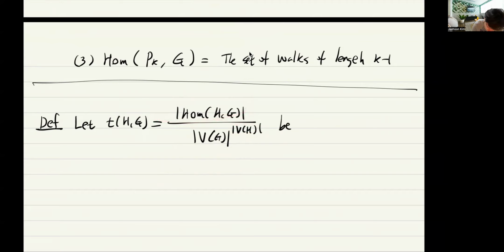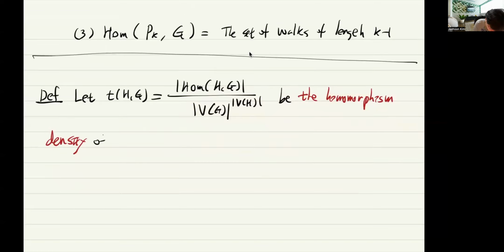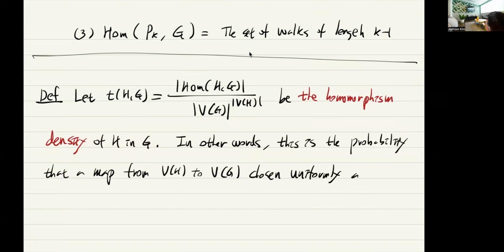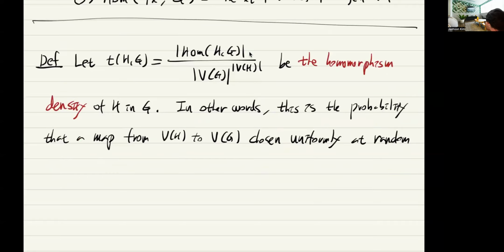So this is called the homomorphism density of H in G. In other words, this is the probability that a randomly chosen map, which is chosen uniformly at random, is a graph homomorphism.